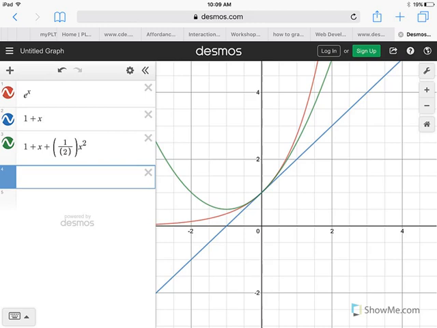Right now I want you to focus on the green graph, which is a parabola. It's a second degree polynomial function. You can see that the green graph does a better job of approximating f of x equals e to the x than the blue line did. It's closer to the red graph than the blue line is, and it seems to be closer to the red graph for a larger range of x values centered at 0.